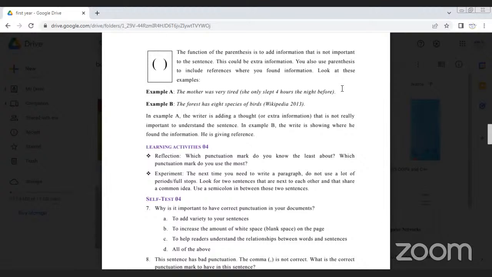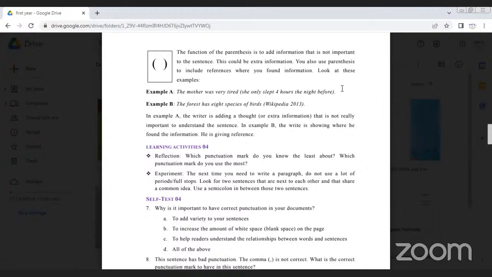Then let's see the second example, example B. The forest has 8 species of birds, in brackets, Wikipedia 2013. Okay. In example A, the writer is adding a thought or extra information that is not really important to understand the sentence. Okay, this is the complete sentence: The mother was very tired.